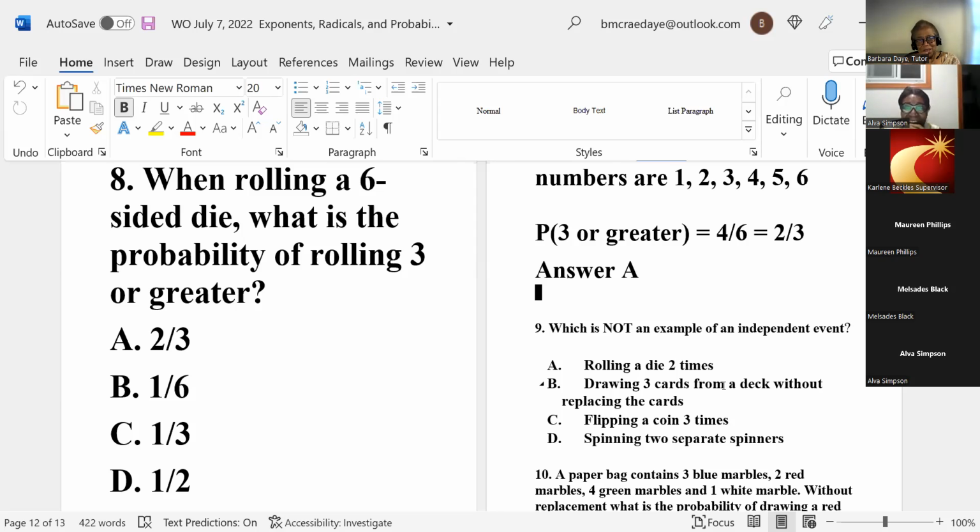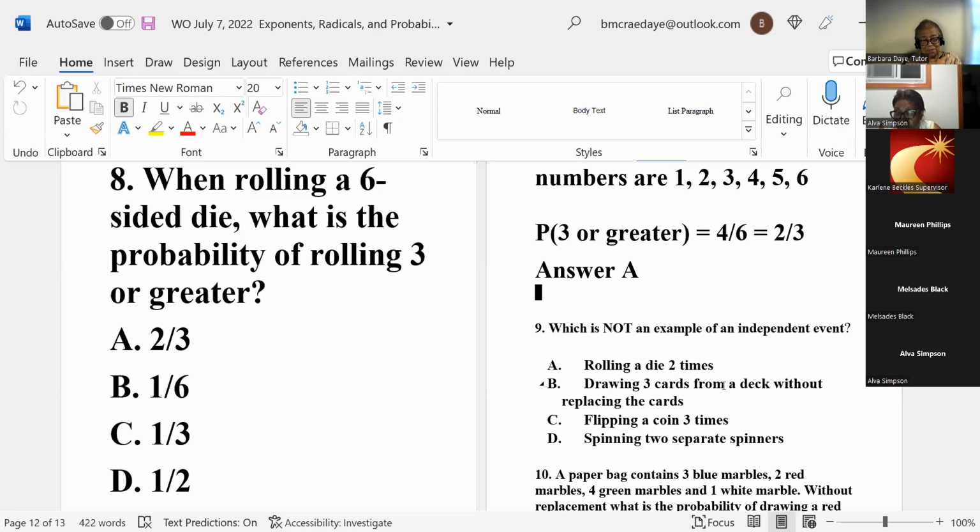So let's go back to B. Drawing 3 cards from the deck without replacing is not independent. The question asks which is not an example of an independent event, so that means pick the dependent event.